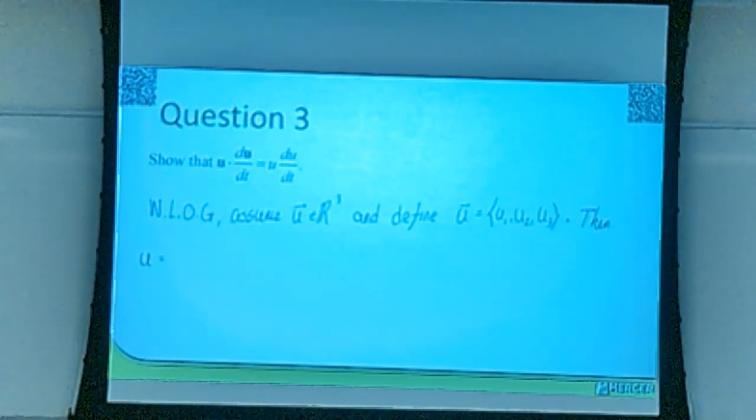Then what is its magnitude? The square root of u1 squared plus u2 squared plus u3 squared. Take its derivative.